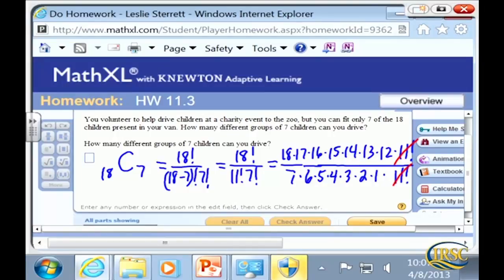Okay, 7 goes into 14 2 times. Okay, 6 goes into 12 2 times. 5 into 15 3 times. Okay, 4 into 16 4 times. Okay, 3 into 18 6 times.